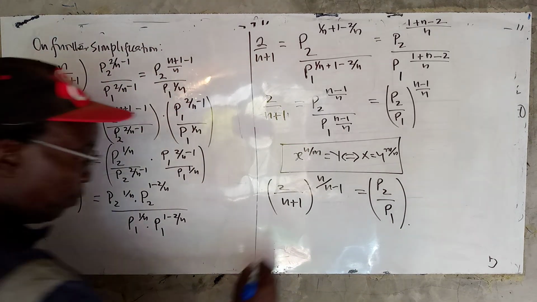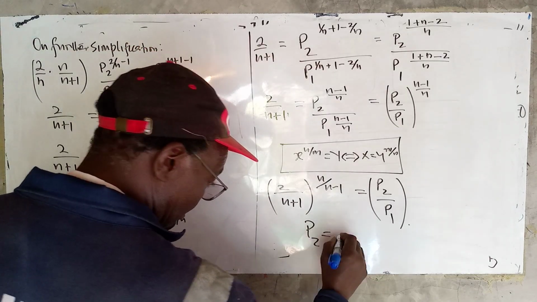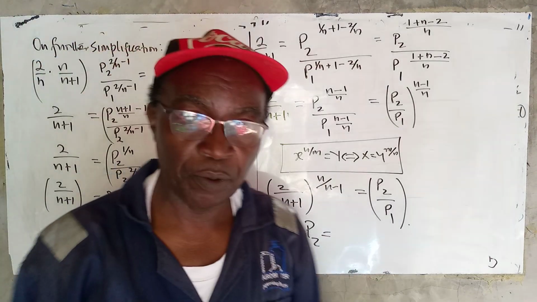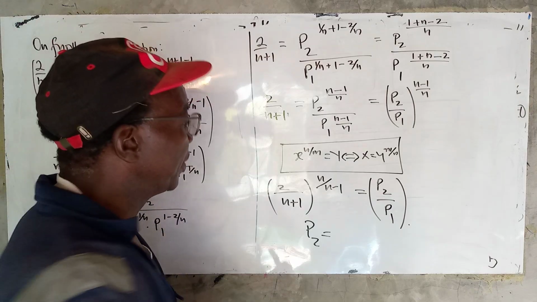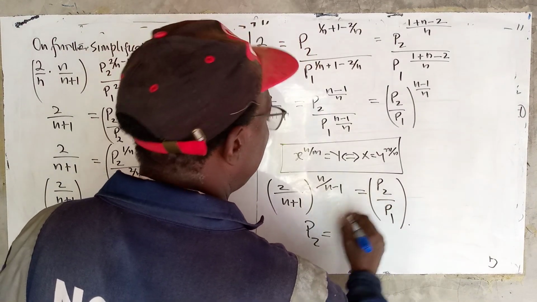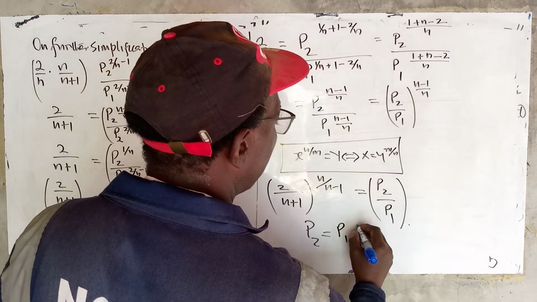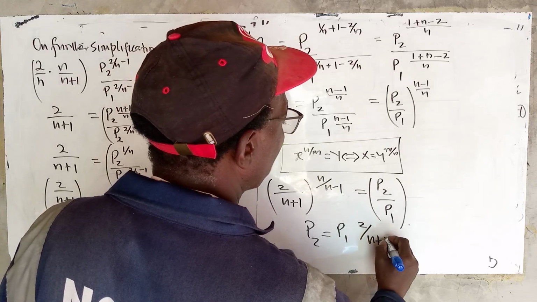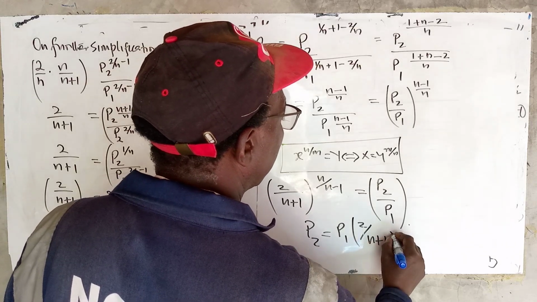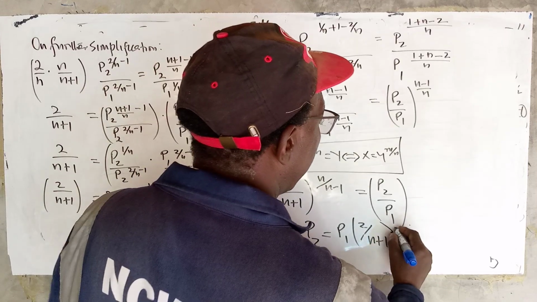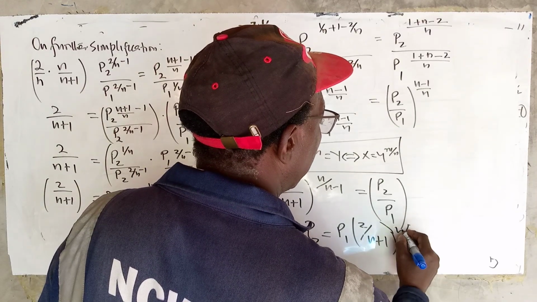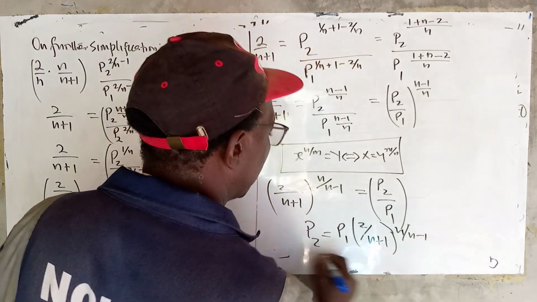And therefore, the expression for pressure at the throat, where the mass flow per unit area is maximum, is given by P1 into 2 over n plus 1 to the power n over n minus 1.